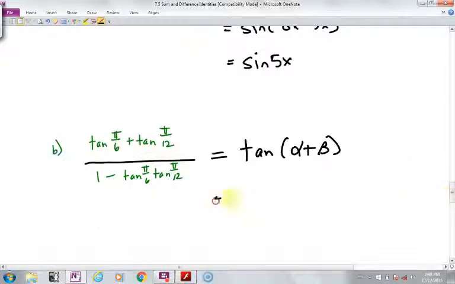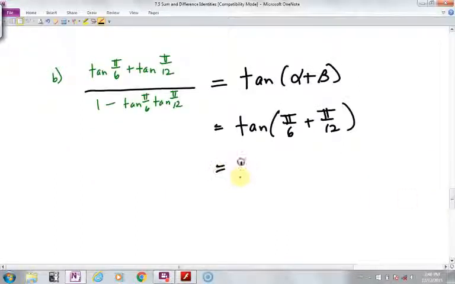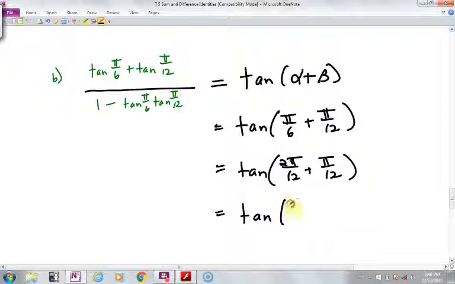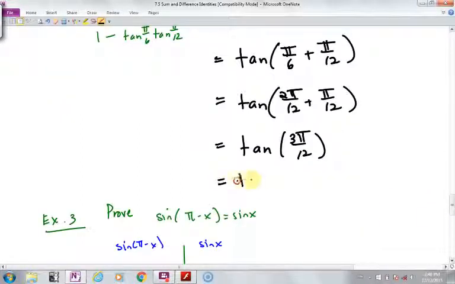So since alpha is pi by 6 and beta is pi by 12, we just want to add those. Pi by 6 is 2 pi by 12. So I have tan of 3 pi by 12. And that simplifies. What's 3 pi by 12 when I simplify it?